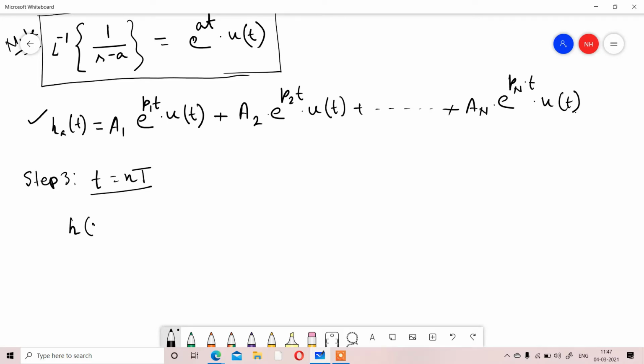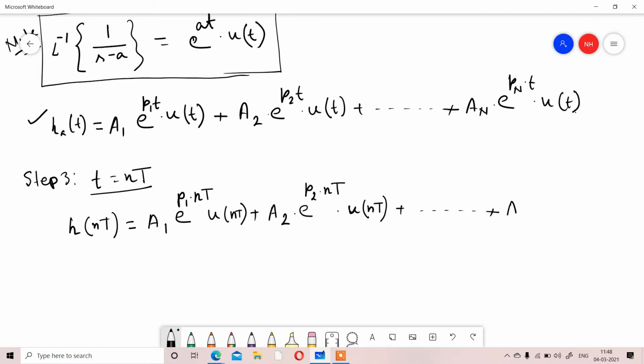So that will give you h(nT) as a1 e to the power p1 nT u(nT) plus a2 e to the power p2 nT, sorry, u(t) will also become u(nT), that will also be sampled, so u(nT), plus and so on up to n, so an e to the power pn nT u(nT).